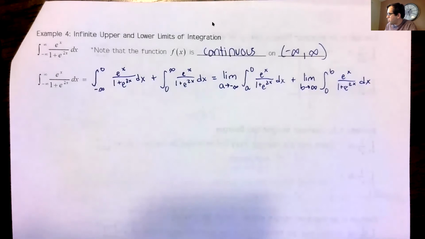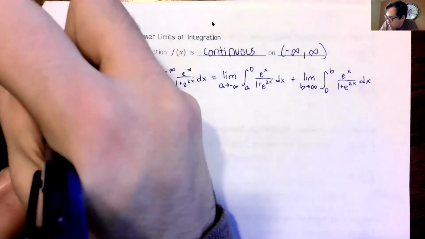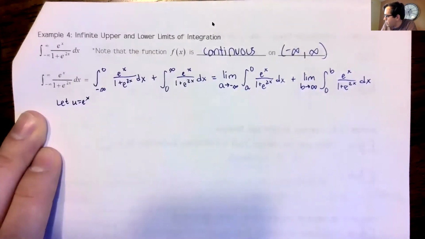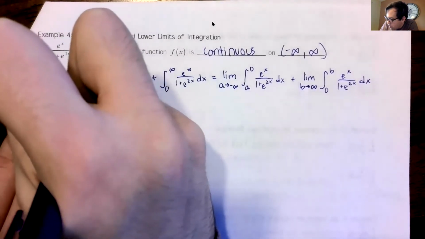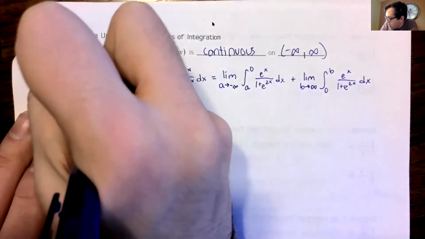To make this a little nicer, we are going to use u substitution. So I'm going to let u equal e to the x, which means that du equals e to the x dx.